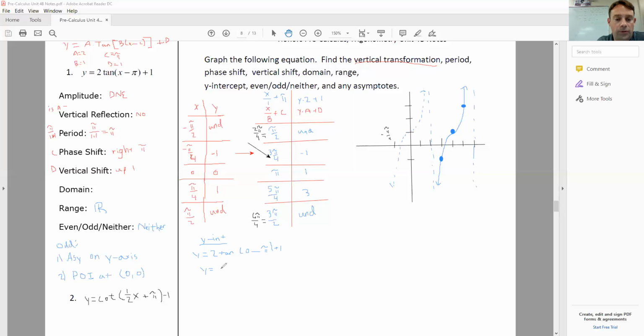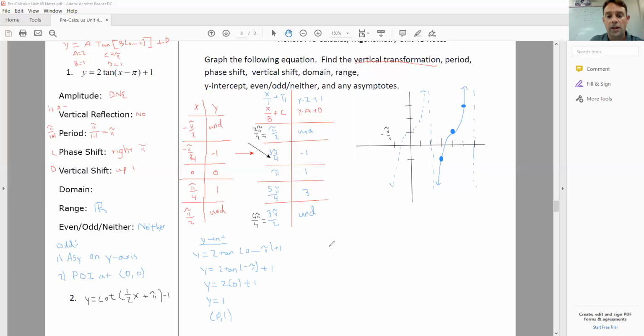So 2 times the tangent of negative pi, that's the same thing as positive pi, and tangent of pi is 0 because the y value is 0. So we have 2 times 0 plus 1. So the y-intercept is actually 1. So you got really close to being odd, but it didn't quite get there. I need that y-intercept to be at 0, 0.